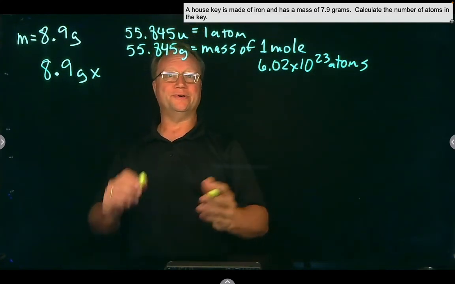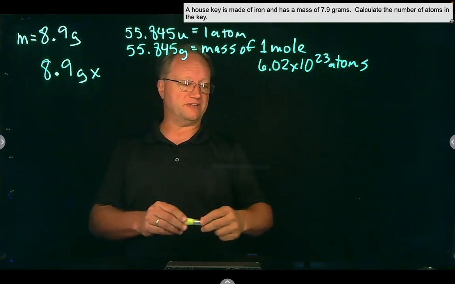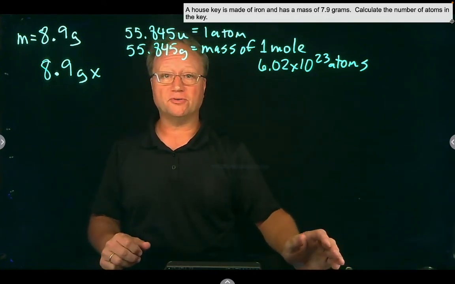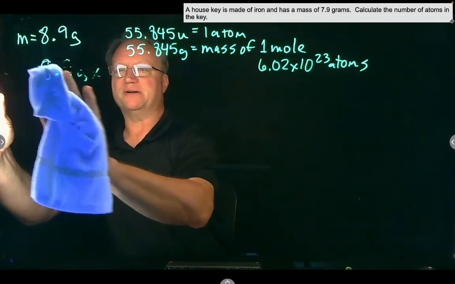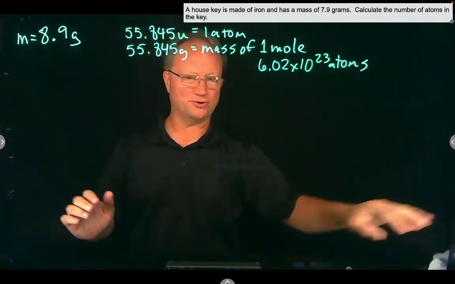And so we've got two different interpretations of that, and we're going to do two different ways of calculating the atoms. I'm going to move my mass down a little bit so I have a little bit more room.